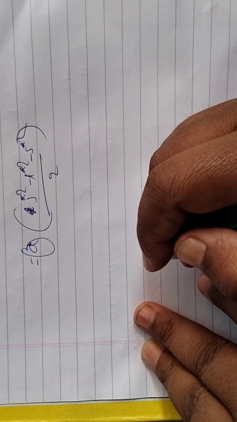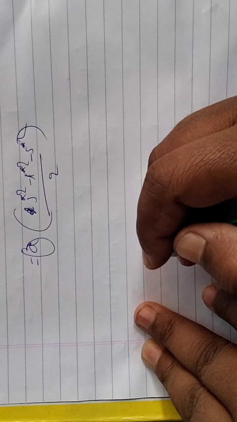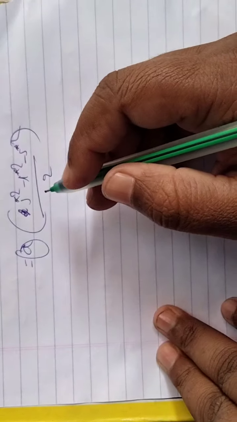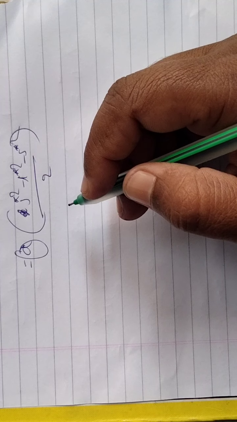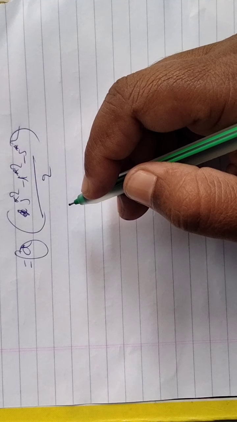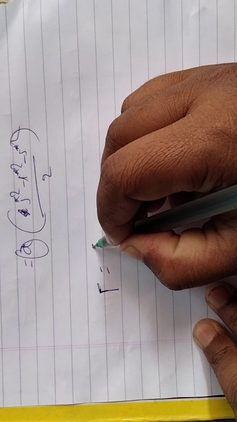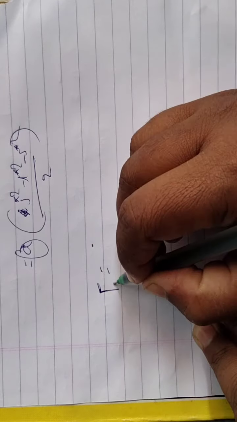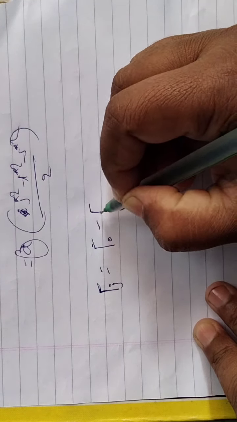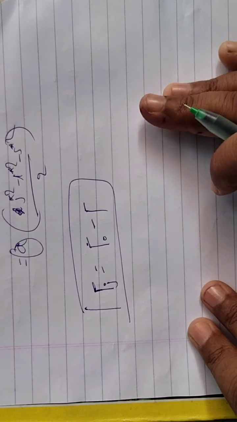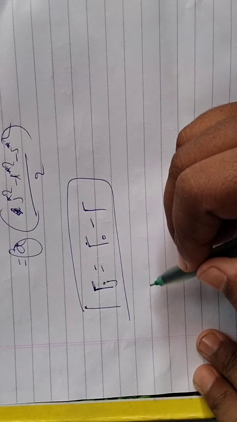So the term value measures the separation from the hypothetical center. So this is the term value. It measures the separation from the center.